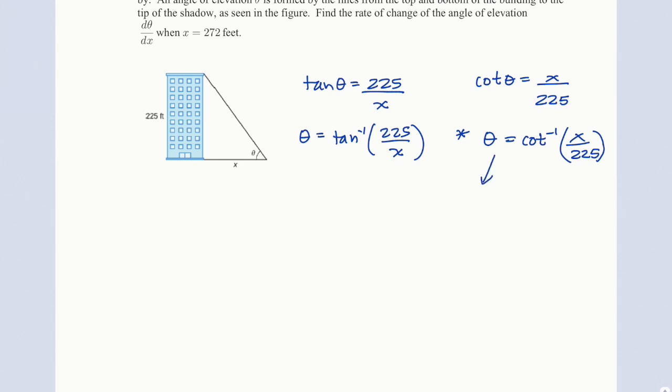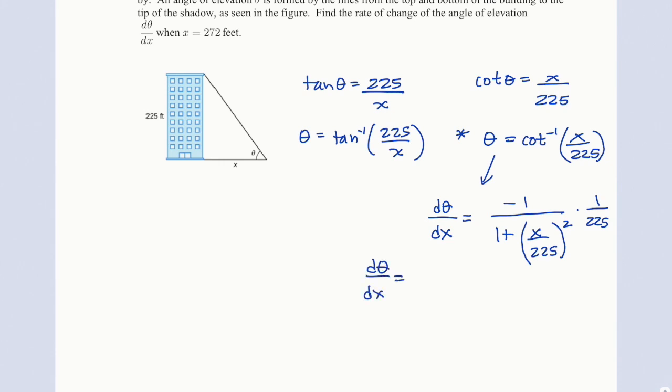If we choose this, we'll have d theta dx equals negative 1 over 1 plus the input squared times the derivative of the input, 1 over 225. So very similar to what we just did on the last problem. And again, we can clean that up a little bit.